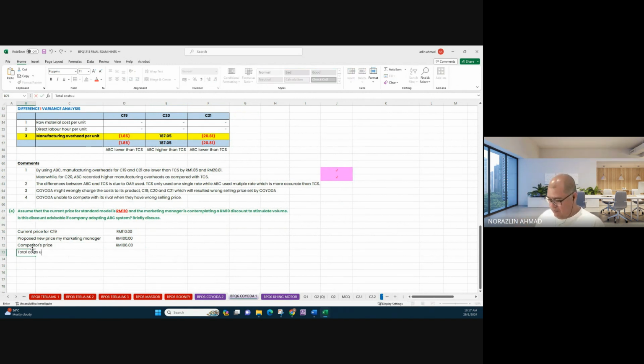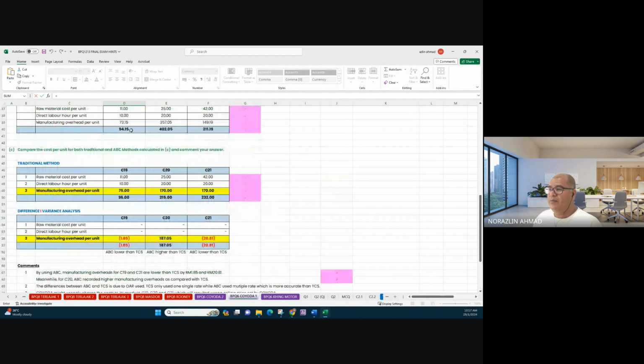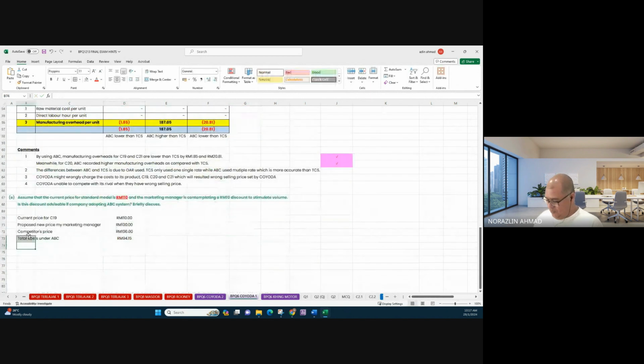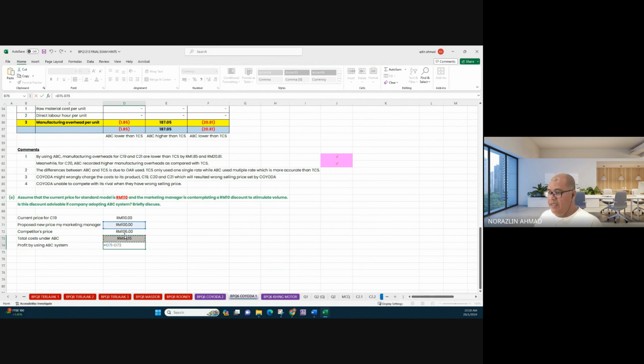Total cost under ABC is RM 94. So profit by using ABC system is 100 minus 94. We still got profit. Okay. So discuss what you want to discuss.